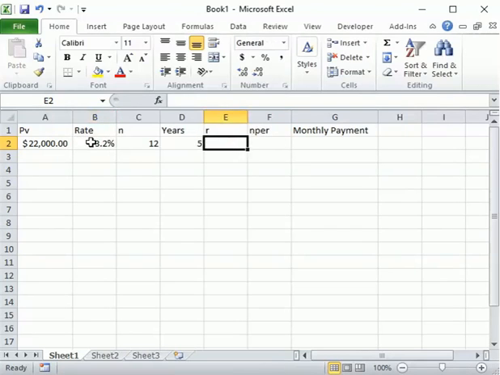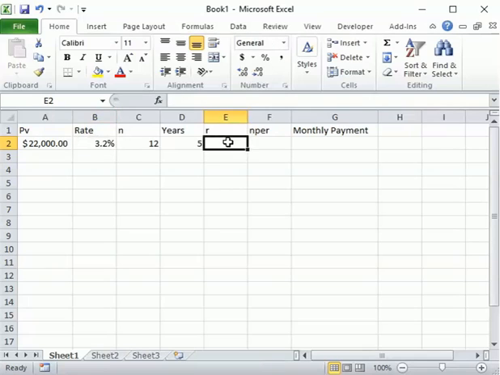We have this interest rate, but this is really not the interest rate we need to use in our problem. This rate is really a yearly interest rate, and since we're dividing this year up into 12 periods, our months, then we need to divide our interest rate by 12.